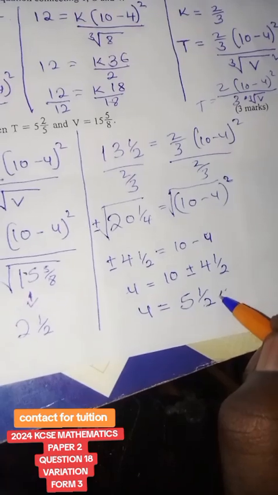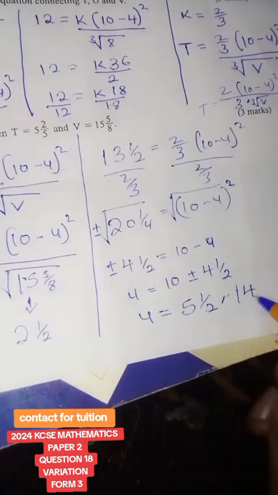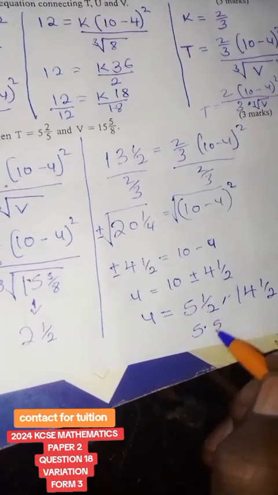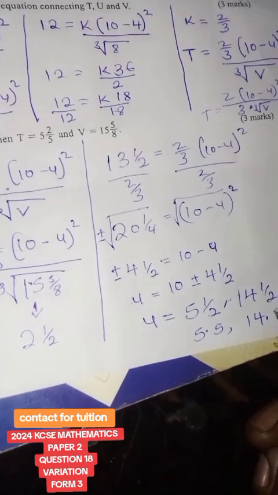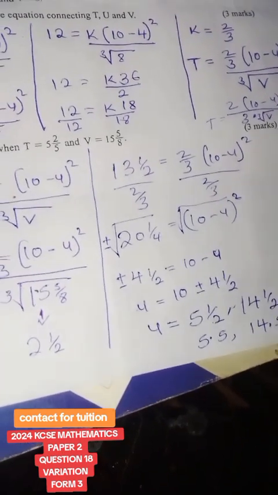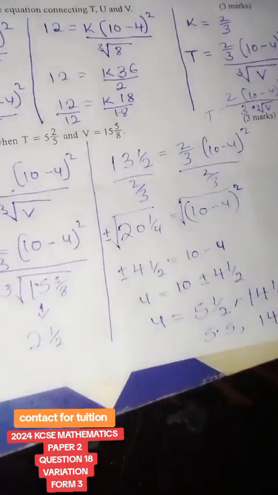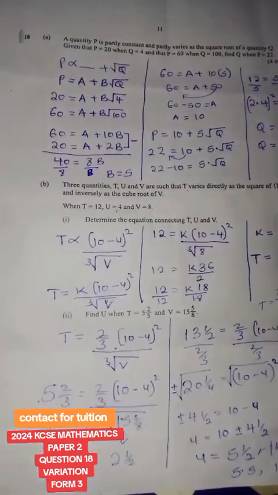Or still correct if you write 10 plus 4.5, so we'll have 14.5. You can write 5.5 or you can write 14.5. These were the possible answers, and most of the students can leave it here, still no problem. So that is how that question was supposed to be tackled under variation.